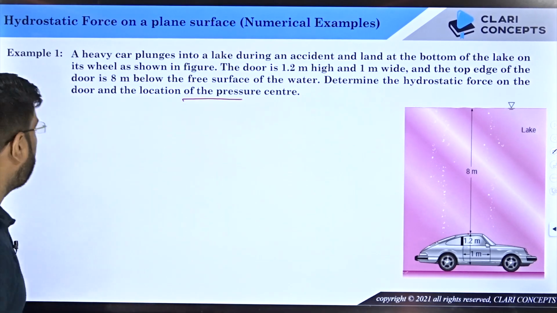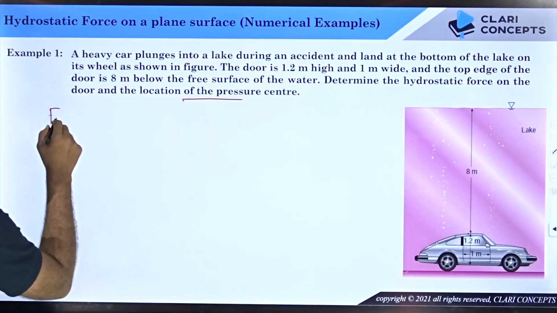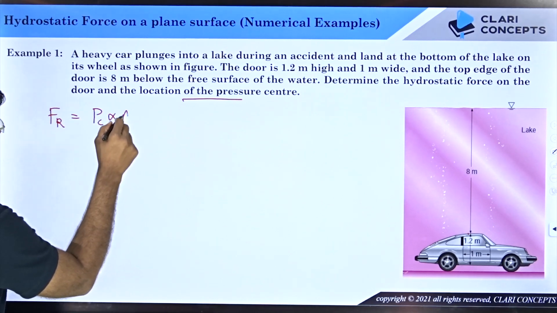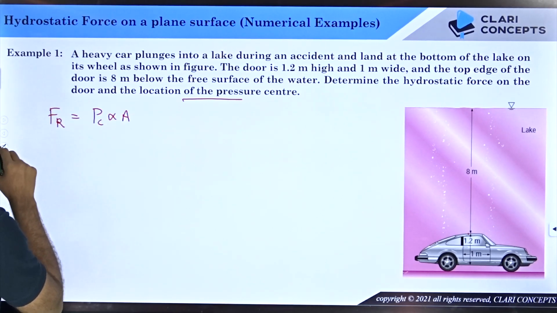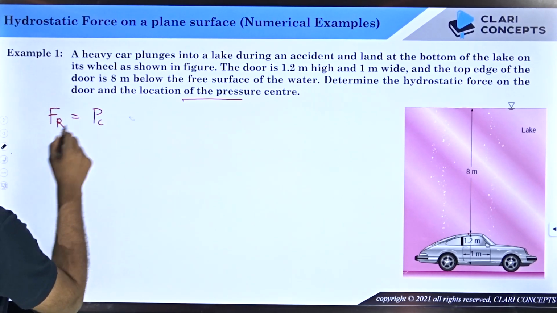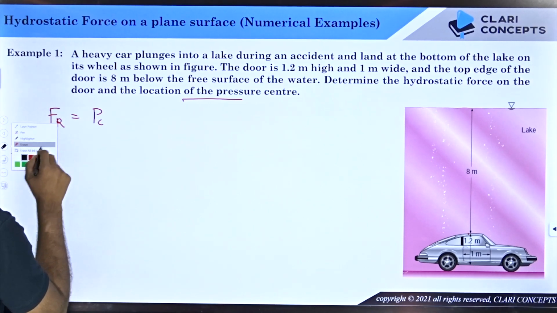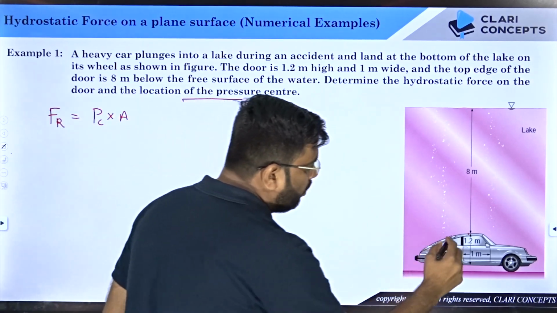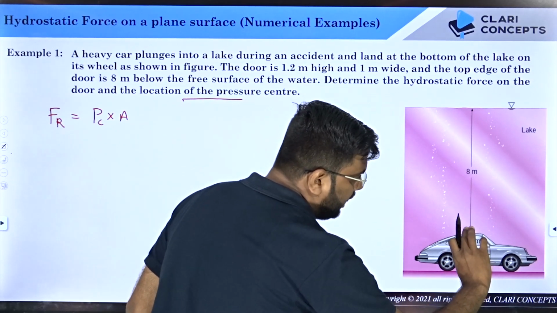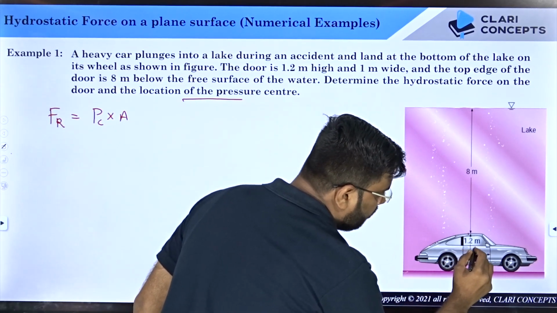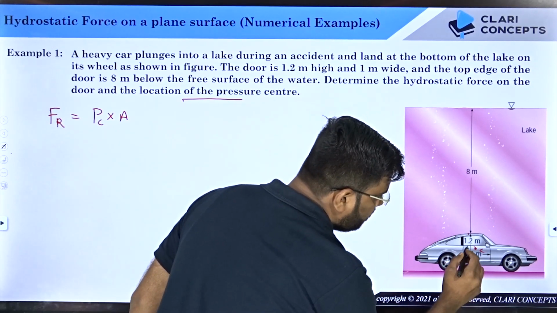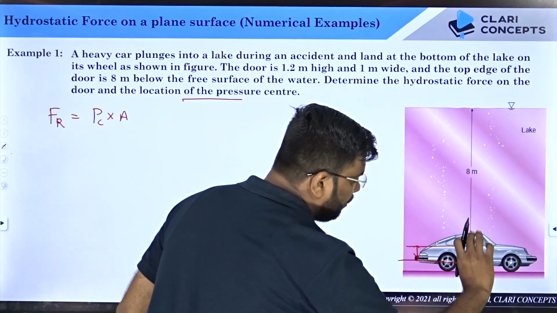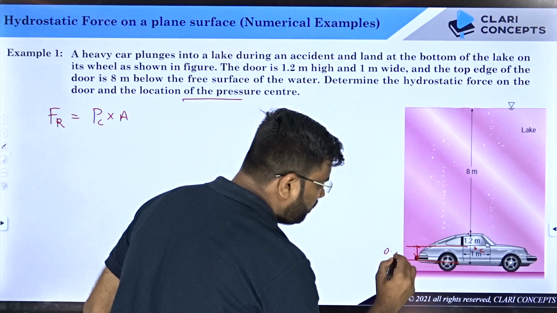Firstly we will talk about the hydrostatic force Fr. We know that Fr equals the pressure at the centroid into the area of the door. Now firstly locate the centroid. This is 1.2 meter in height, so the centroid will be somewhere over here, C. 1.2 is total, so this is 0.6.